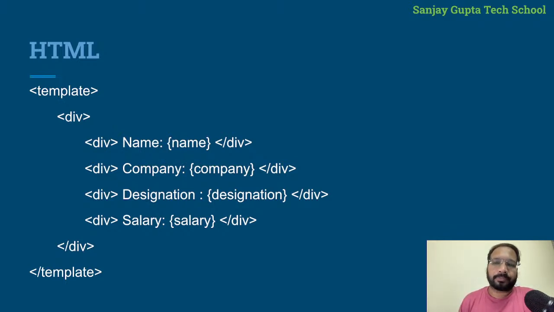In Aura, we used to create attributes in the HTML file, but in Lightning Web Component you use variables that you create in JavaScript, and you use them this way in your HTML file. In curly braces, we have used name, company, designation, and salary.